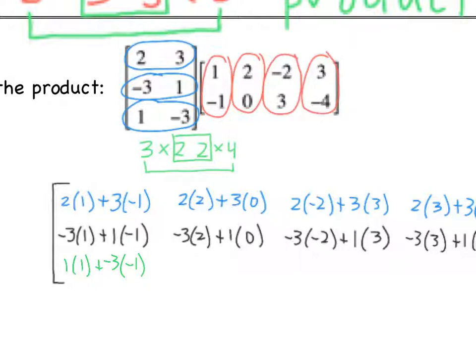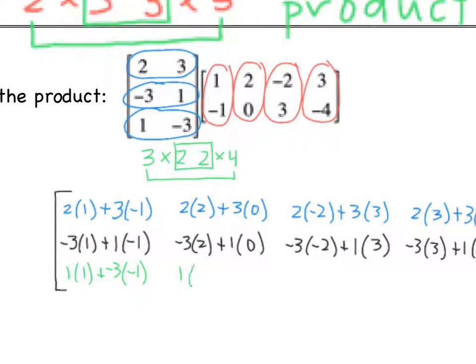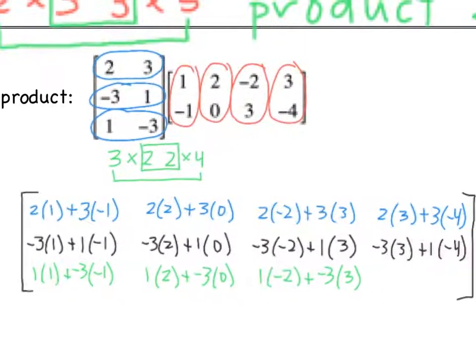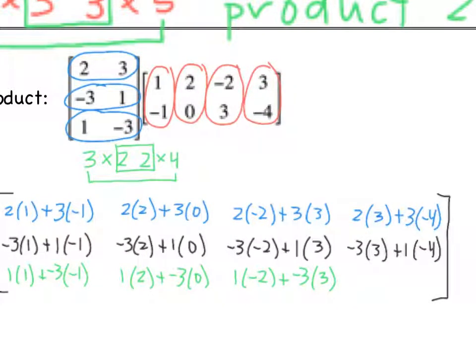Now row 3, column 2: 1 times 2 plus negative 3 times 0. Row 3, column 3: 1 times negative 2 plus negative 3 times 3. And finally, row 3 times column 4: 1 times 3 plus negative 3 times negative 4.